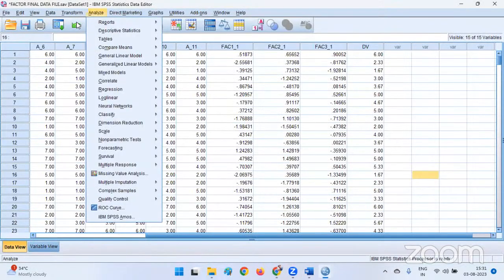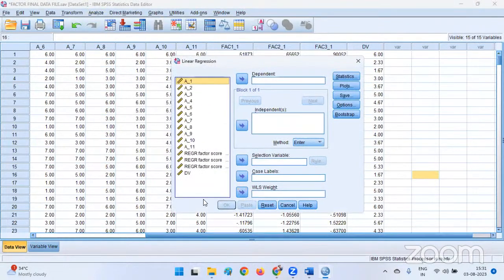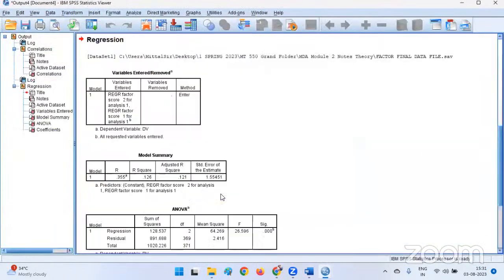So I go to Analyze, Regression, Linear. In linear regression, I have factors: the dependent is DV, with factor 1 and factor 2. Factor 3 we will not take because factor 3 is a DV and we have a different calculation for DV. The default method is the Enter method, and I click OK.